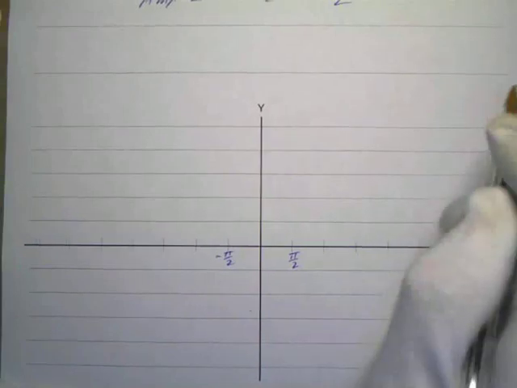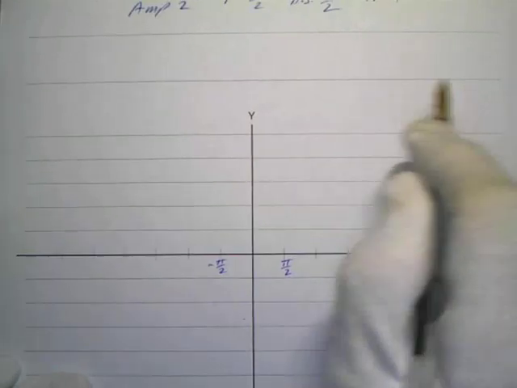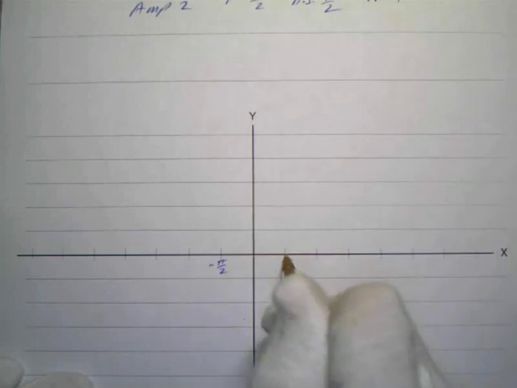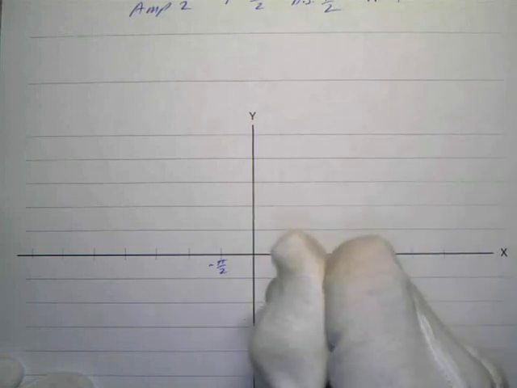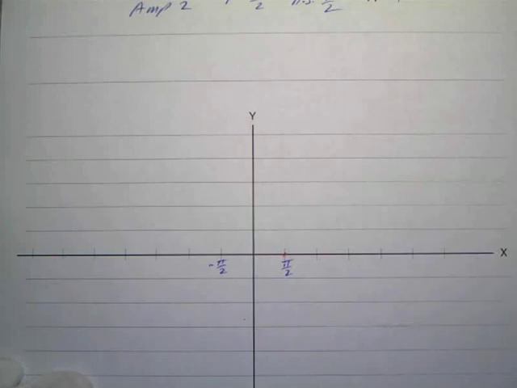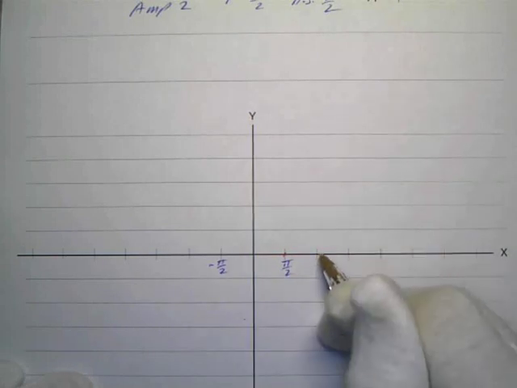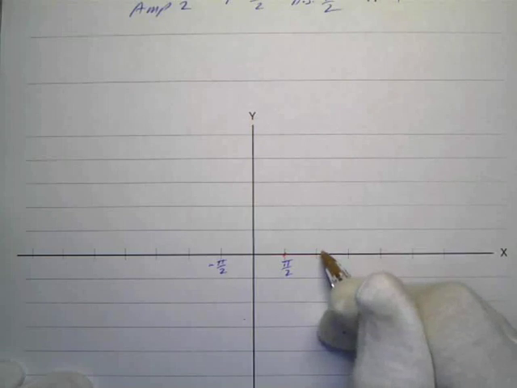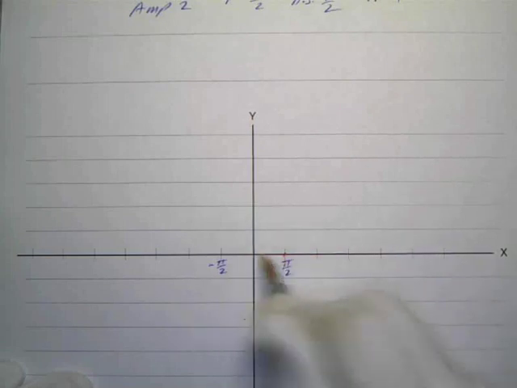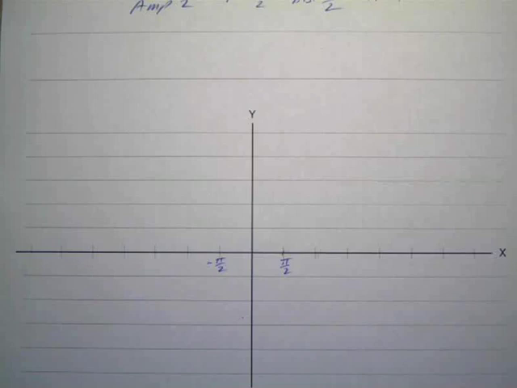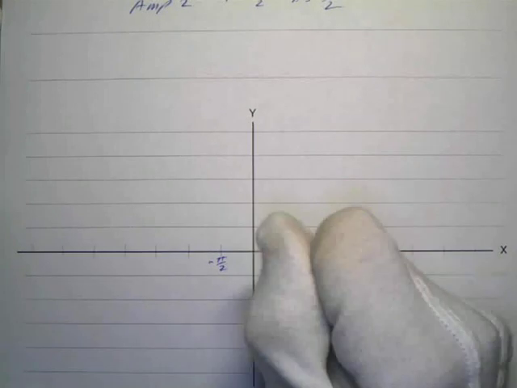But I have a shift of pi over 2 to the right, so now my 0 is going to be shifted over here, so this would be what my new 0 is going to be, all right? And then the asymptotes would go like this if it was originally still pi, but the period's also changed to pi over 2, so now instead of going out pi over 2 in each direction, I'm only going to go out half of that. Okay, so I'm only going to go out to here, pi over 4 in each direction.